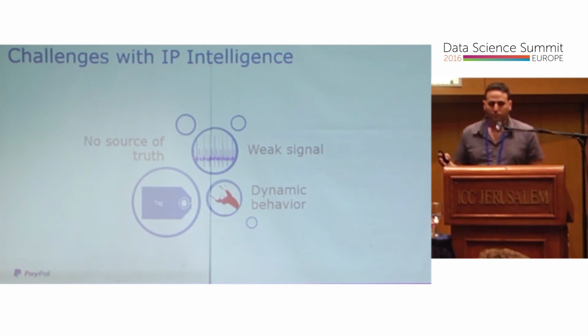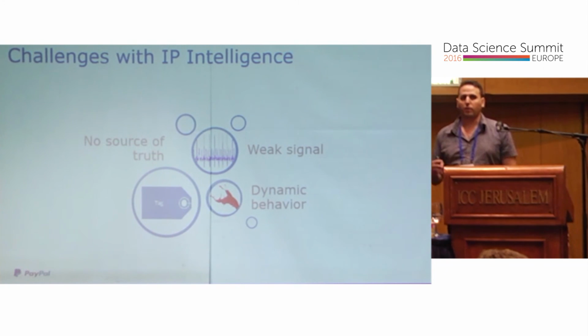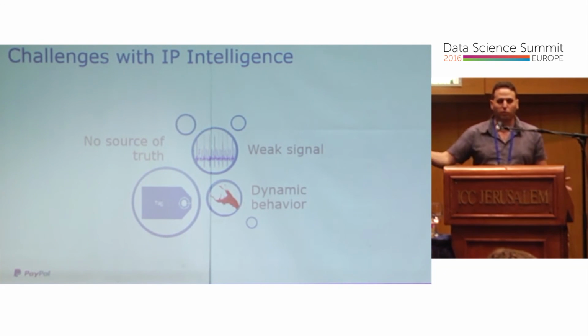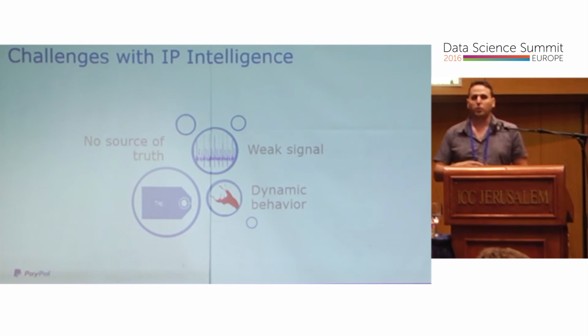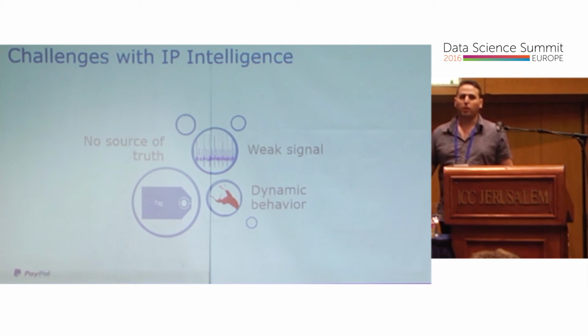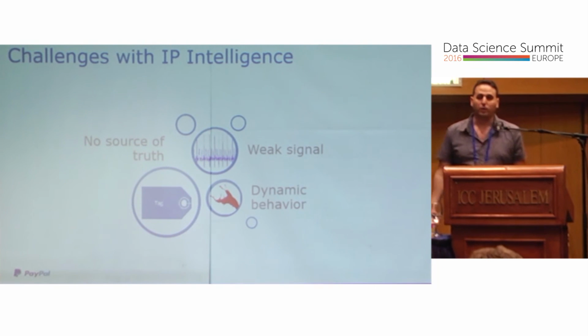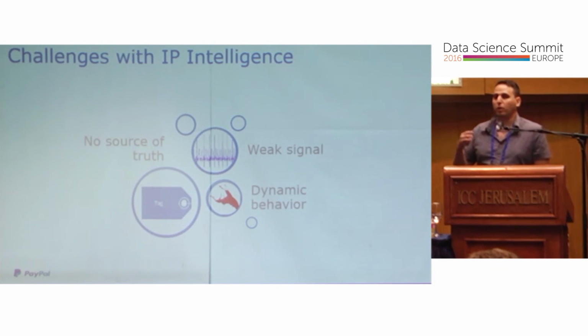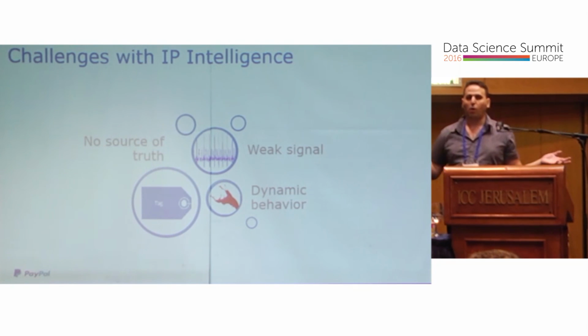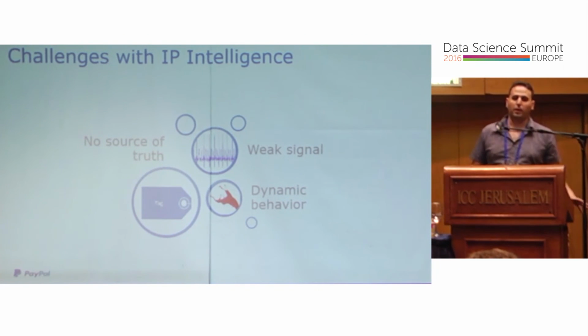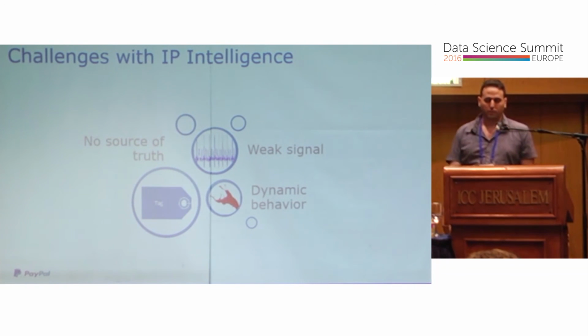In addition, the signal is weak. Even for a company at PayPal's order of magnitude, with 200 million active users, we do not see the entire IP range. And for most of the IPs, we have a few or even one login. So overall, if you look at the entire IP space, the signal is weak.